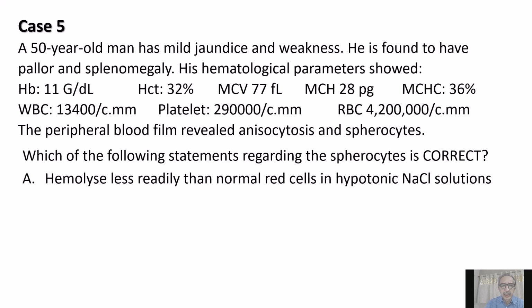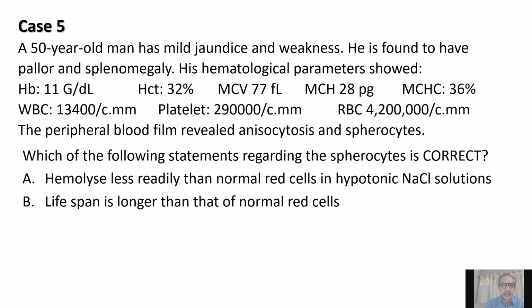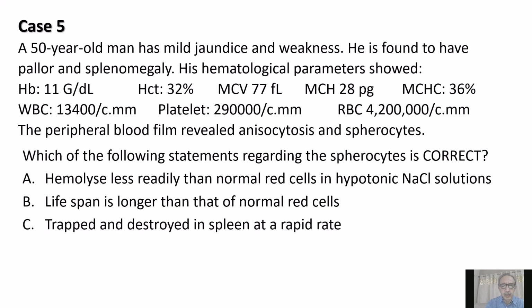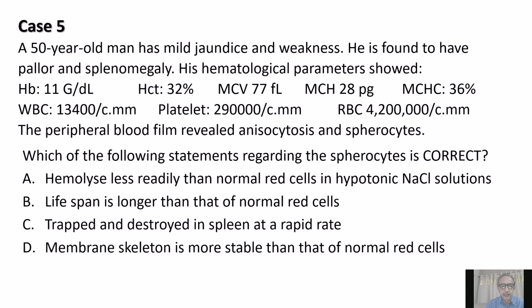They hemolyze less readily than normal red cells in hypotonic sodium chloride solution. Lifespan is longer than that of normal red cells. They are trapped and destroyed in the spleen at a rapid rate. Their membrane skeleton is more stable than that of normal red cells. So spherocytes are abnormal RBCs. They are easily destroyed in circulation.